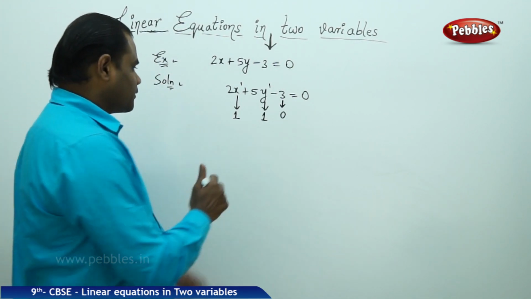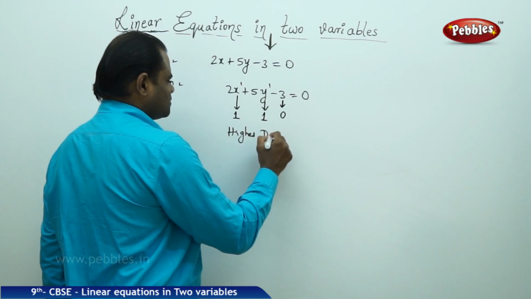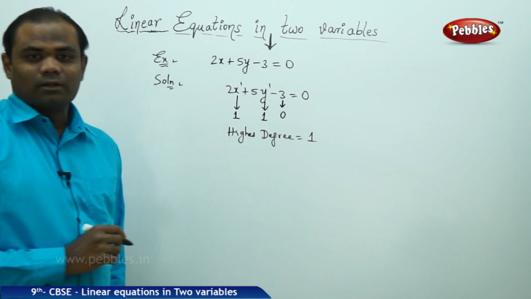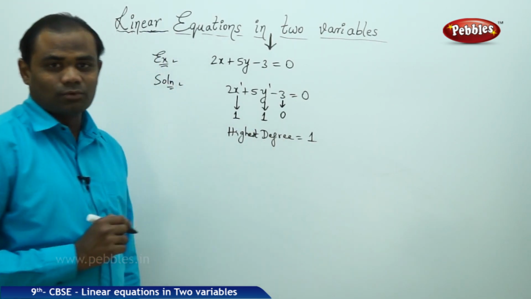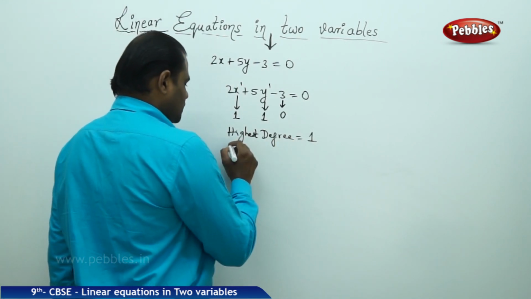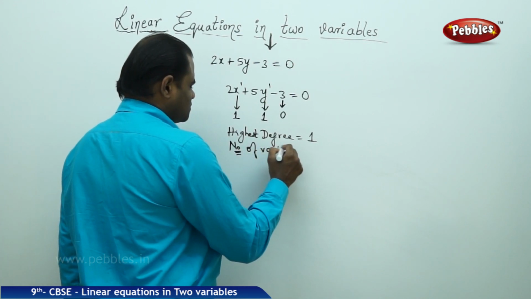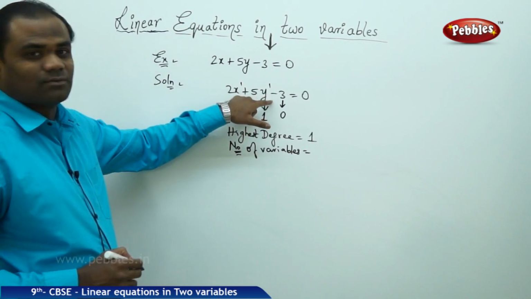So the highest degree out here is one. That is the rule through which we identify that the highest degree is 1. And the number of variables in this polynomial is x and y.